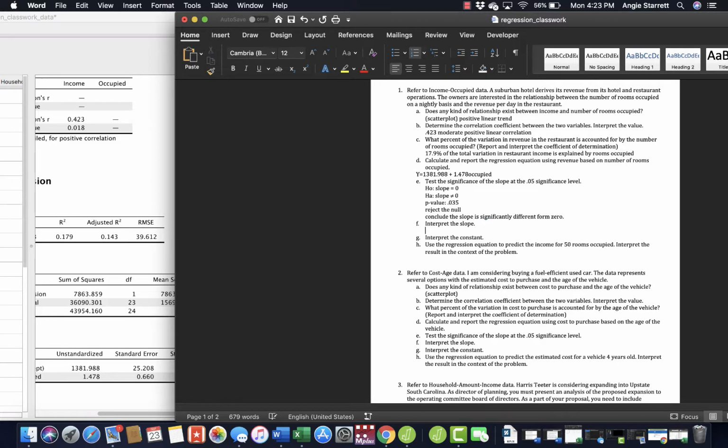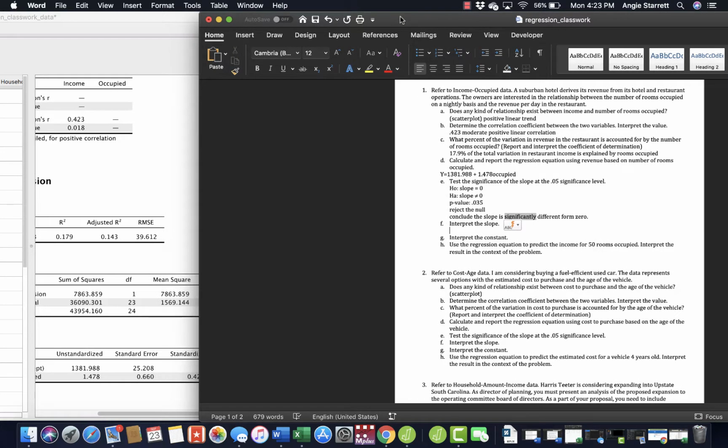All right, interpret the slope. All right, so here, for each change in x, y changes by the slope. So for each additional room occupied, the restaurant income increases by a whopping $1.48.